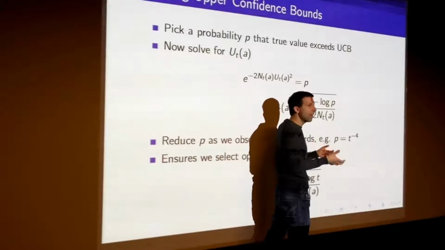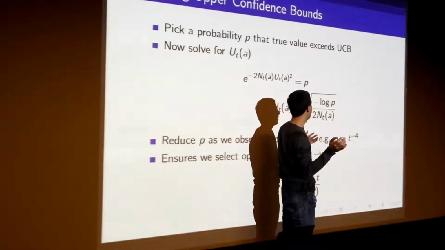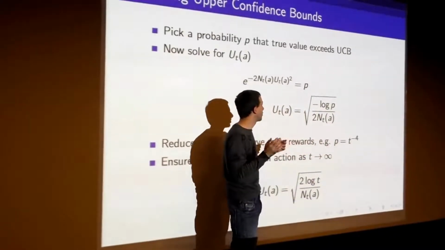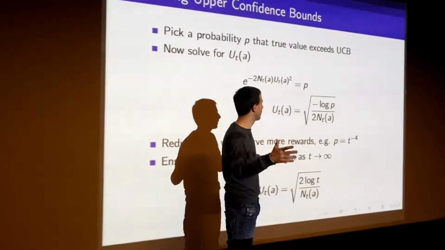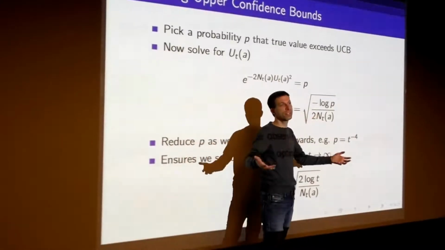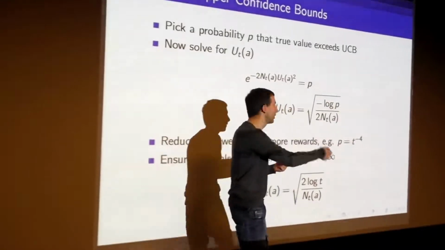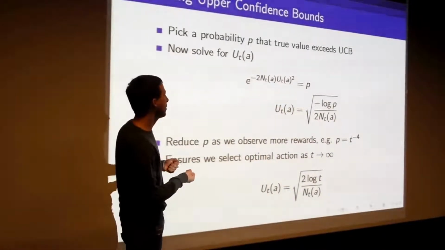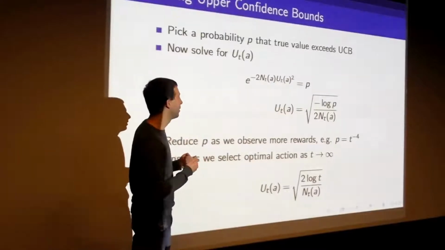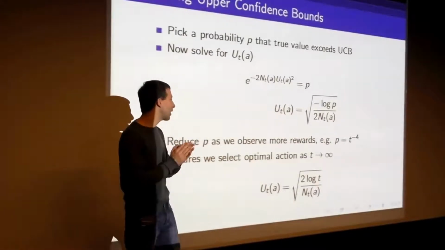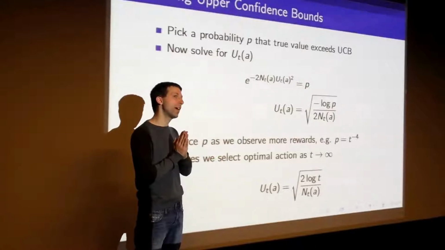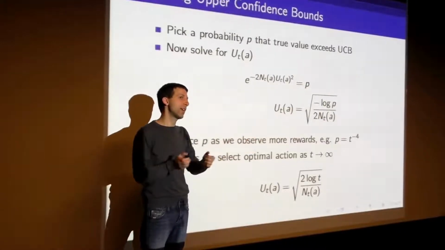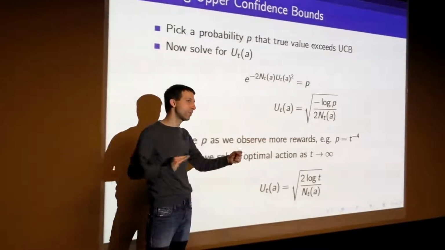And for actions that we haven't tried very often, they're going to have a very large bonus term. So the less we've tried something, the more uncertain we are, and the more we add on. Now what we actually want to do is guarantee that we pick the optimal action as we continue. We want to get these asymptotic regret bounds to be logarithmic.